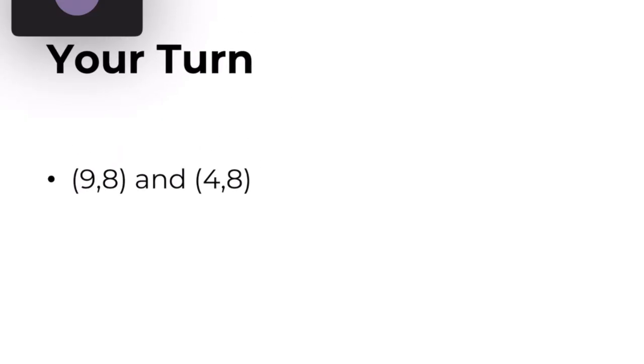To work out the midpoint of these two coordinates, all you have to do is you've got your x, you've got your y, you've got your x, and you've got your y. You're going to add together the two x coordinates. Okay, so you're going to add 9 and 4, and then you're going to divide by 2. 9 add 4 gives you 13. 13 divided by 2 gives you 6.5. Okay, so that's your x midpoint.